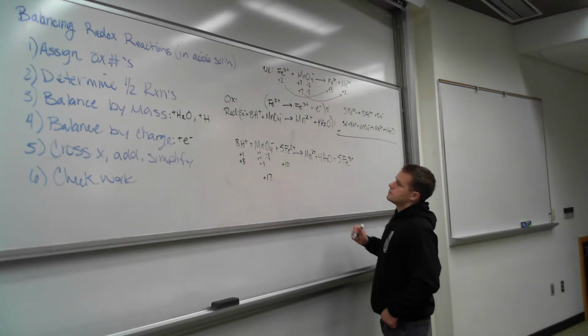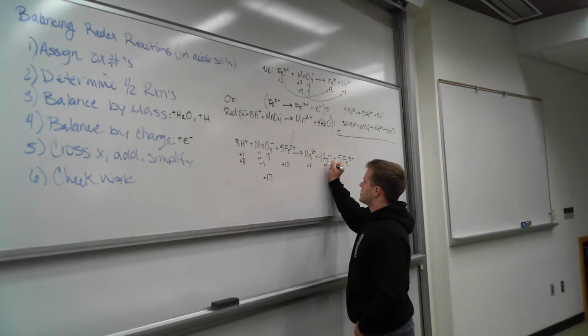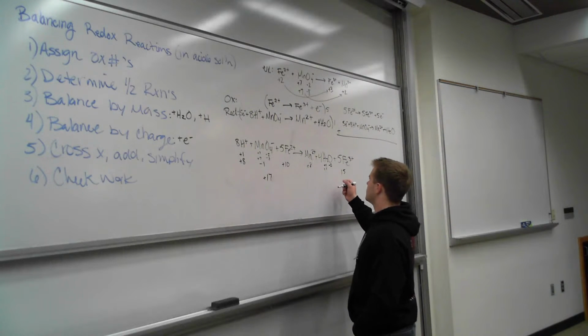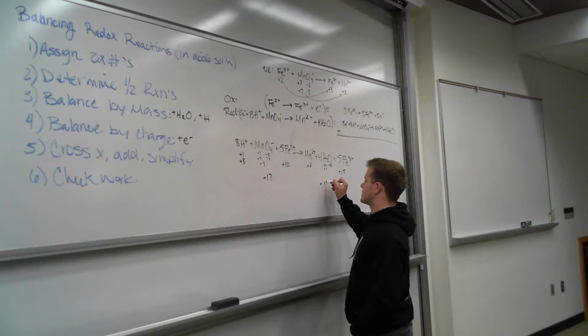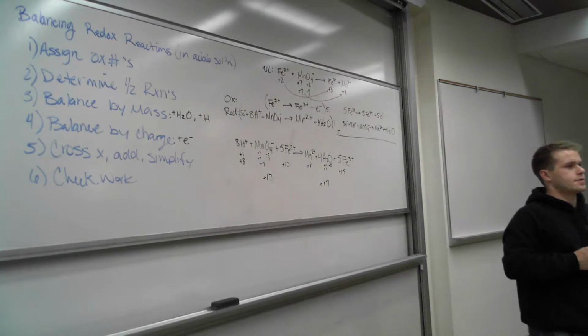Do the same thing over here. Well, plus 2. We could do this, minus 2 plus 1 plus 1, but we know they have to add up to be 0. We're not getting anything there. 5 times 3 gives us 15. 2 plus 15 gives us plus 17. So our oxidation numbers are equal on both sides.